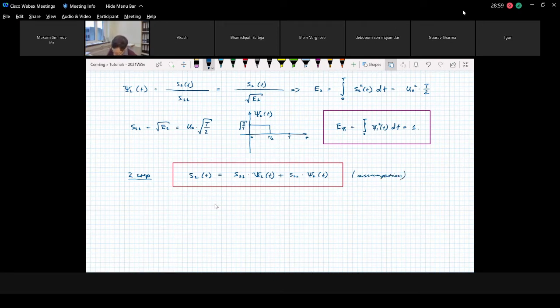And we can find coefficients S21 and S22 using the following expression. Sij equals the integral from minus infinity to infinity of Si of t. So we take the ith signal and we multiply it with the jth basis function. This is how we find the scalar Sij.